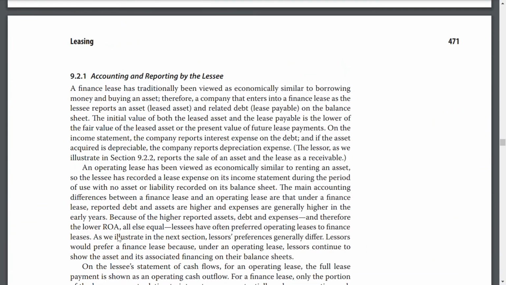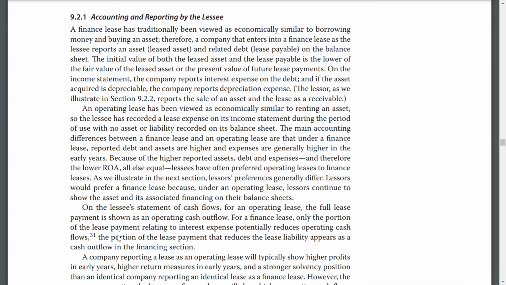Accounting and reporting by the lessee. A finance lease has traditionally been viewed as economically similar to borrowing money and buying an asset. Therefore, a company that enters into a finance lease as the lessee reports an asset and a related debt on the balance sheet. The initial value of both the leased asset and the lease payable is the lower of the fair value of the leased asset or the present value of future lease payments.